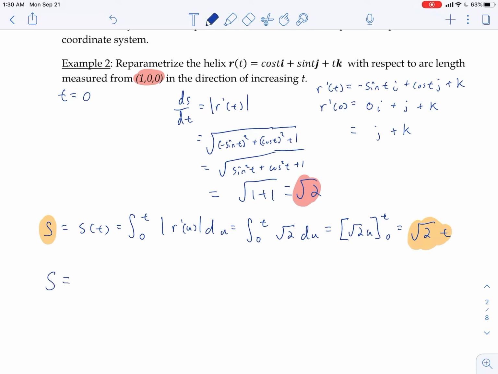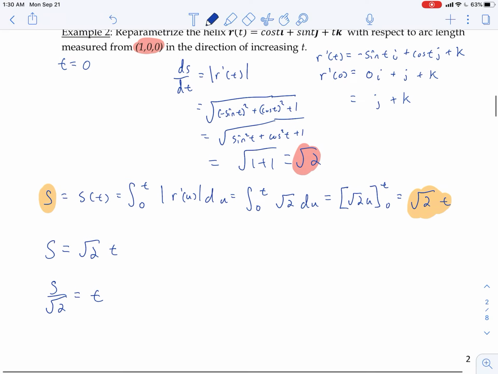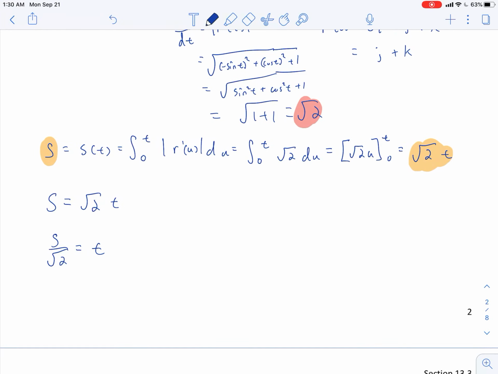So now we know that our arc length s is equal to the square root of 2 t, and therefore t is equal to our arc length divided by the square root of 2. So now we have a new way of writing t, as s divided by square root of 2, and we've parameterized our function.